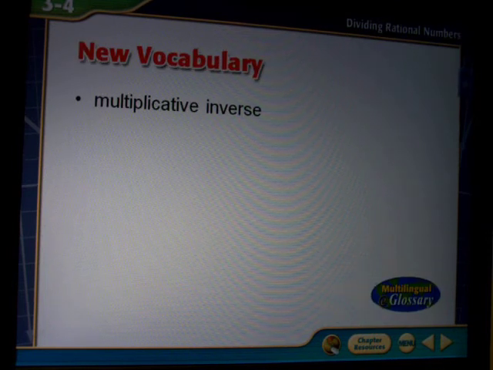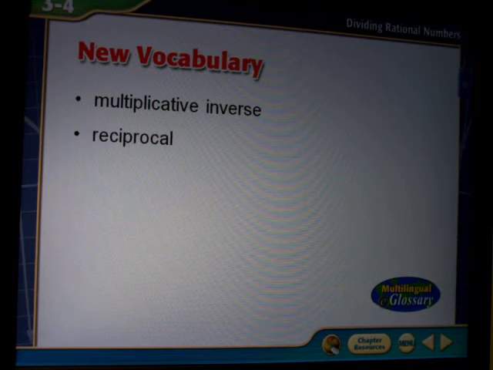So the new vocabulary we have is the multiplicative inverse property. That states that the product of a number and its inverse is 1. So 1/2 times 2 over 1 will equal 1. Another example would be 2/3 times 3/2 equals 1.